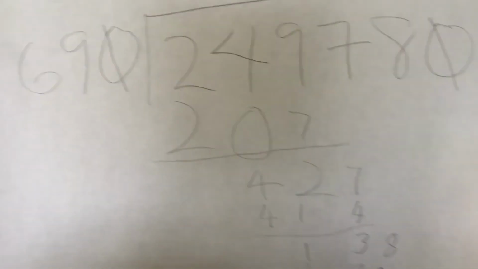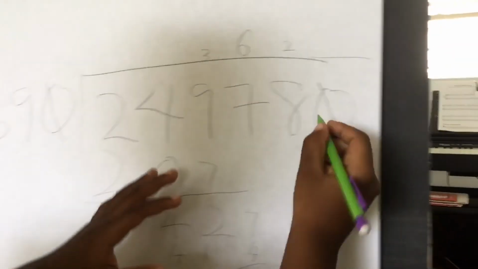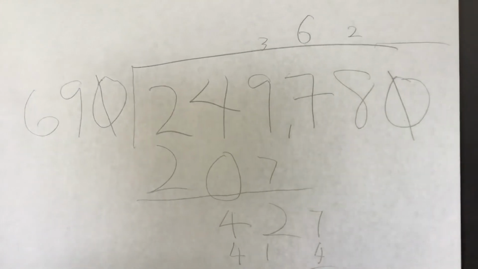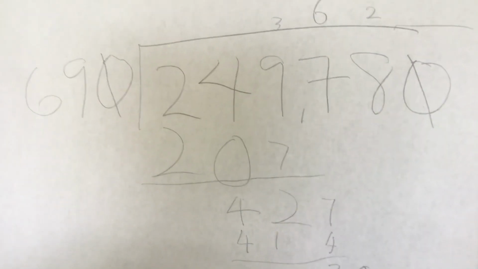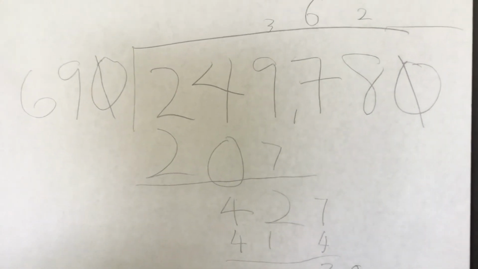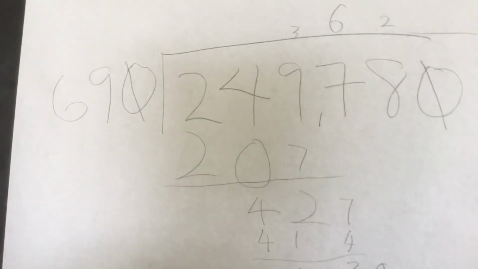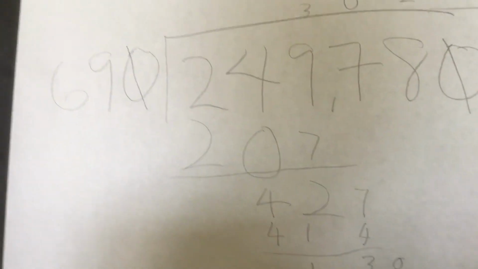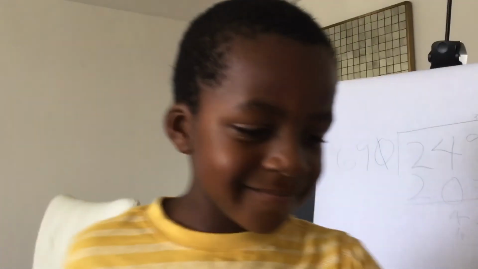No, you have to go from here. Go 1, 2, 3, comma. 1, 2, 3, comma. Okay. So what's... 249,700. Say it again. 249,780. Okay, all right. So don't be confused by the fact that you cross it out. The zero is still part of the number, isn't it? Yeah. Okay, nice work. Okay, good job.